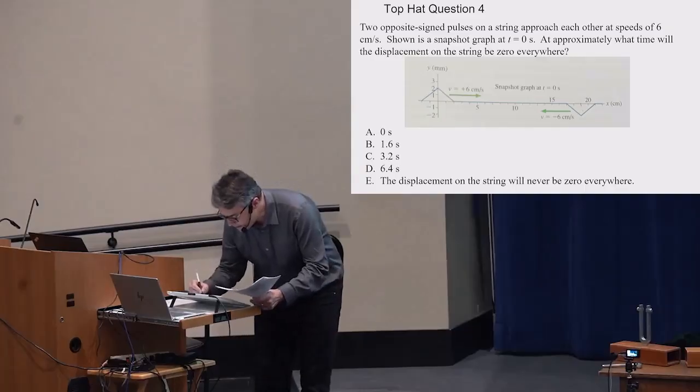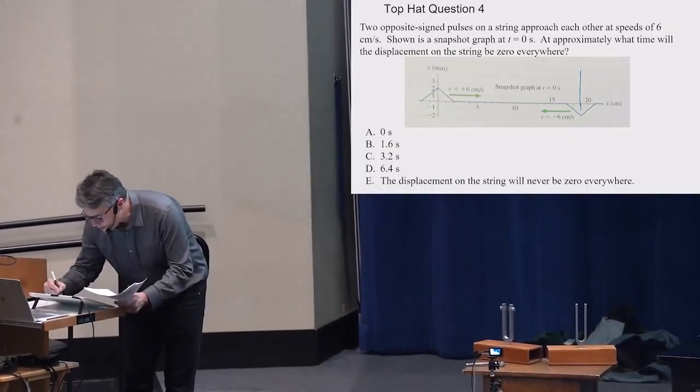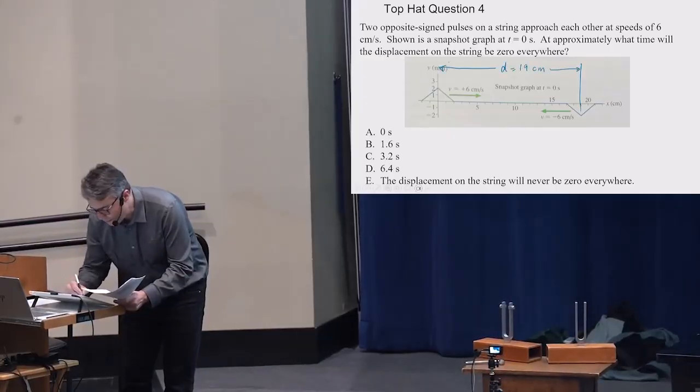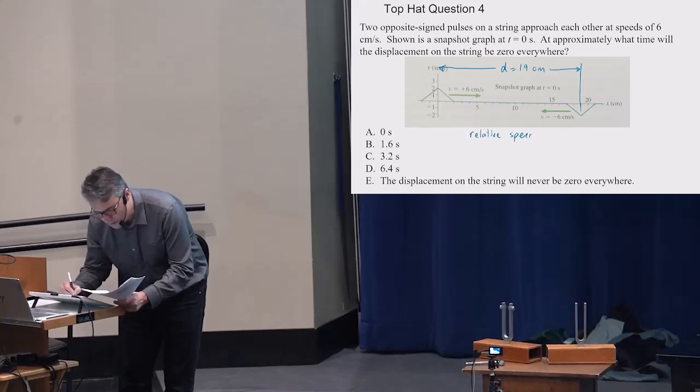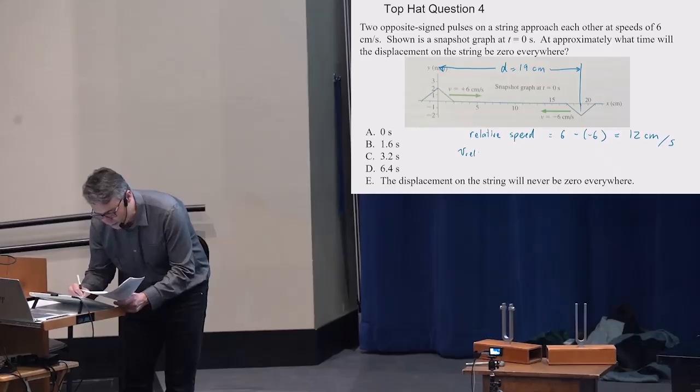I think that the distance actually looks like 19 centimeters between them at this point. So d equals 19 centimeters from here to here. And the relative speed is going to be 6 plus 6, which is 12 centimeters per second. The v relative is going to be the distance between them right now divided by the time.